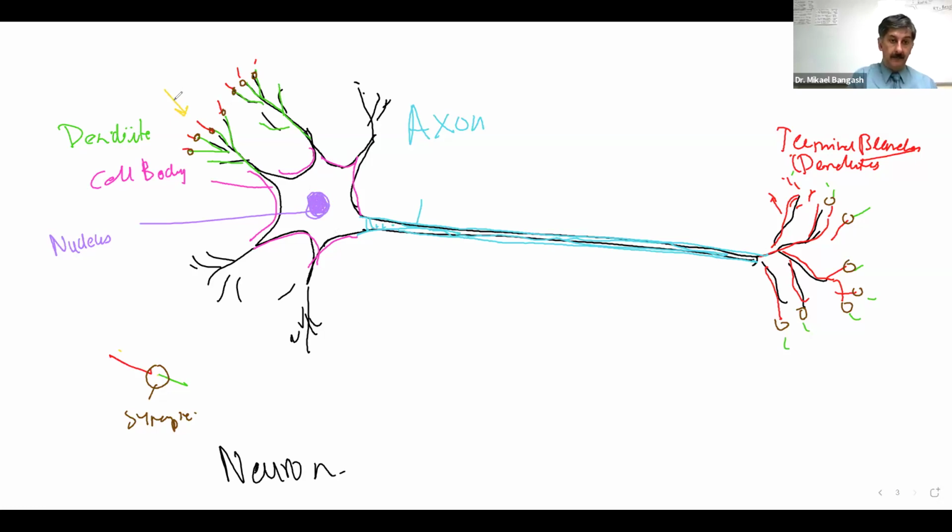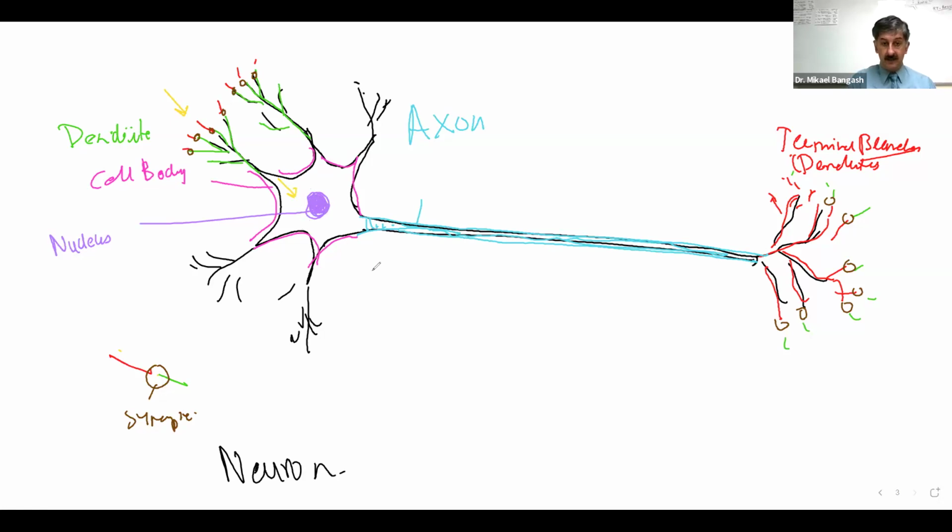But they came from terminal branches or terminal dendrites from other neurons, which this nerve here was synapsing with. Those signals will travel down and get to the nucleus in the cell body, and that's where the signals will be read and understood. And now the cell is going to be acting according to it.